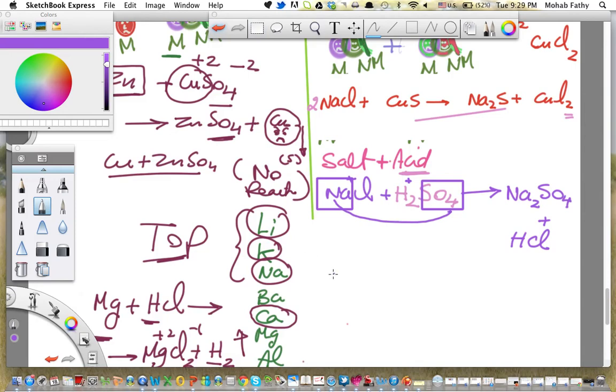NaCl plus H2SO4 gives Na2SO4 plus HCl. Okay, there's going to be a 2 in front of the Na, and then a 2 at the Cl. Excellent.